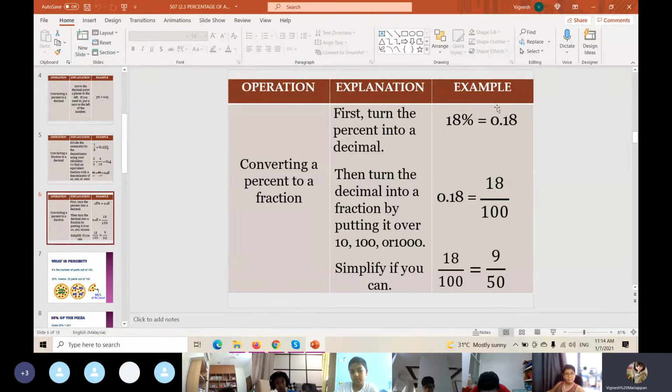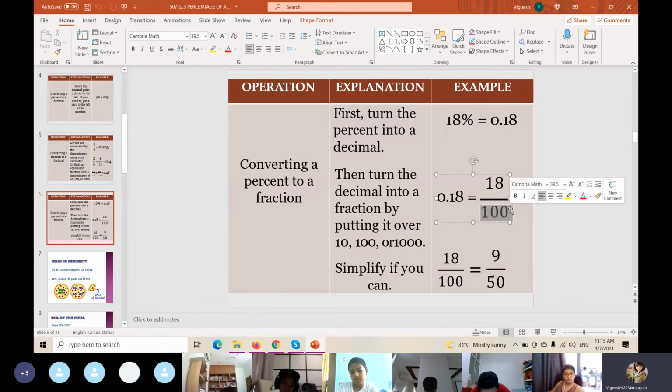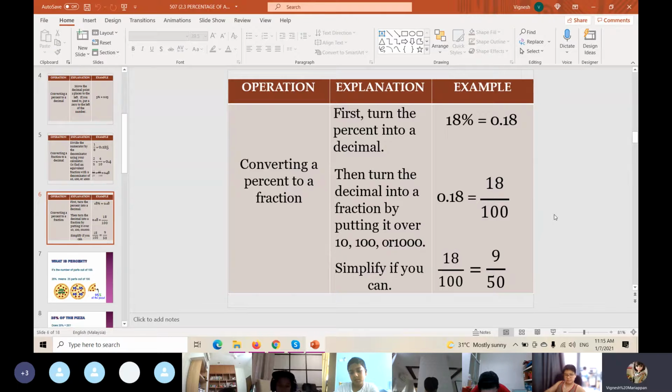Since this is your decimal, 0.18, how to convert this decimal into fraction? We are moving 2 decimal places to your right. How many decimal places have you moved? 2. 2 means, of course, it's 100. So 18 over 100. Understand or not?